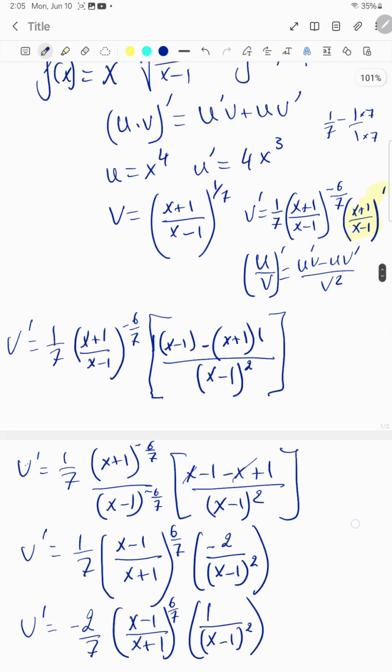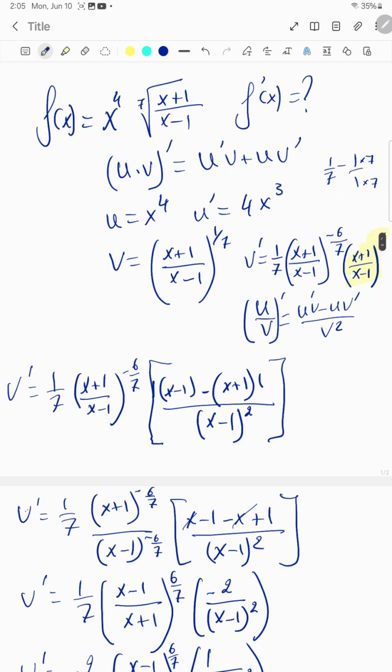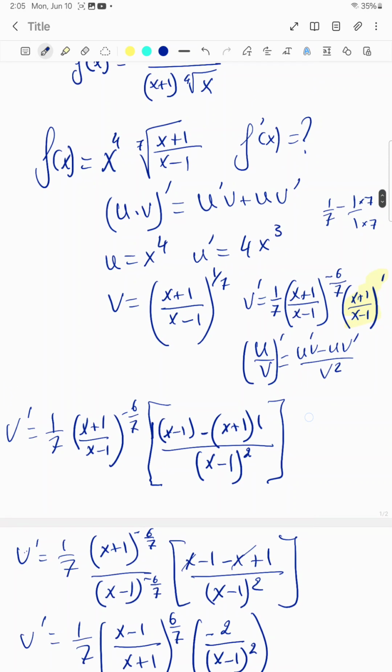So now let's go back here. Or no, before that, I'm going to apply the formula. Let's go back to the beginning, which is this.